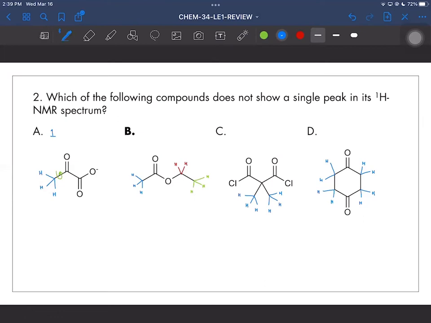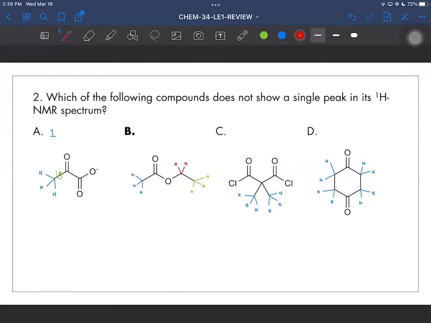Let's skip muna letter B and let's go with letter C. So ayun, chemical equivalence is very closely tied with symmetry. So pag merong symmetry, or if yung molecule natin is symmetrical, there will be more equivalent protons, higher chance na merong protons in the same chemical environment with each other.